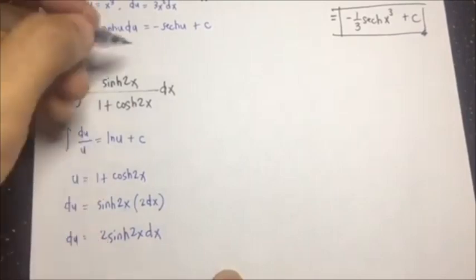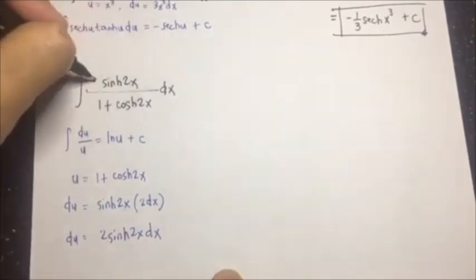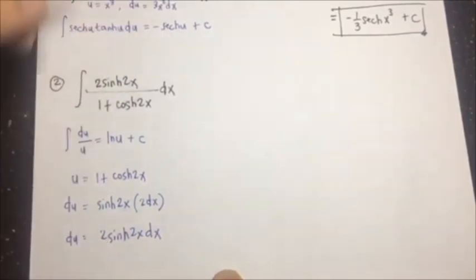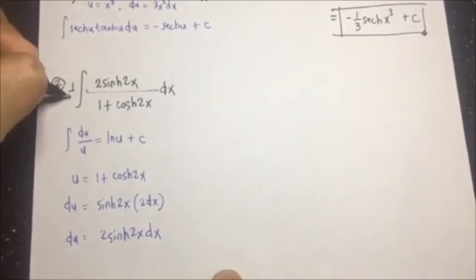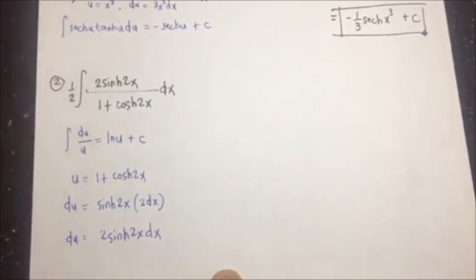So our complete differential, the numerator should have a coefficient of 2. Right here, 2, then outside the integral sign, write 1/2 to balance the numerical coefficient that we added.